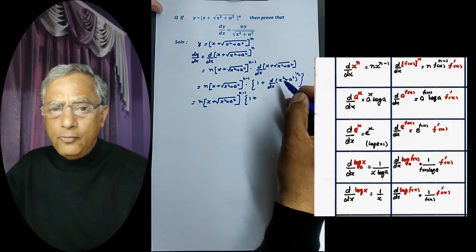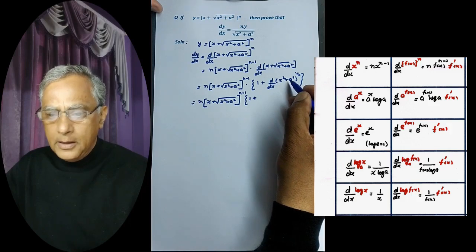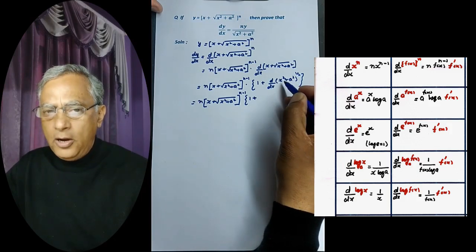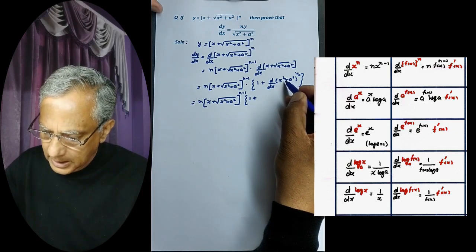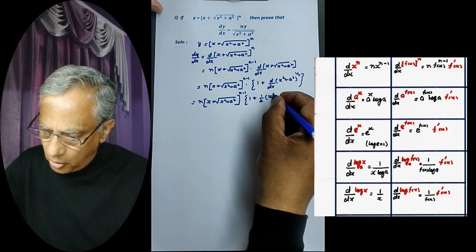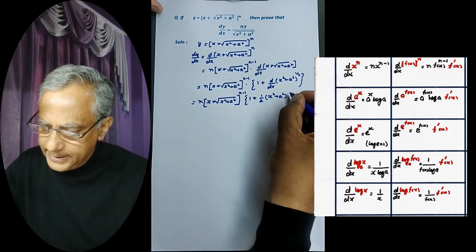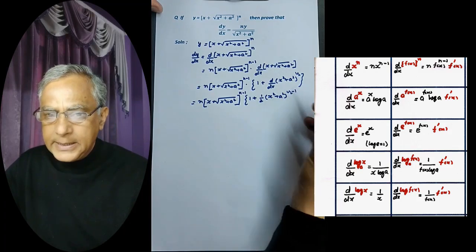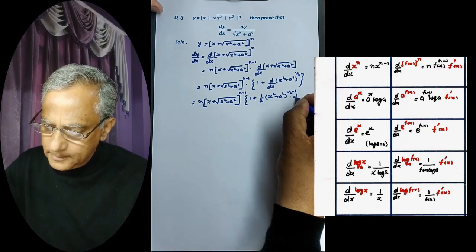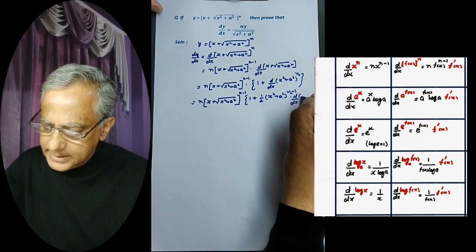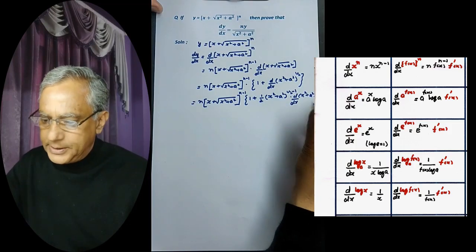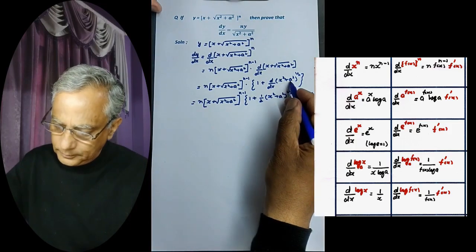Now again the power rule will be used, and f(x) here is this much, so we are using it for f(x). So this will be half f(x) to the power of half minus 1, into d/dx of x² + a², which is the inner function.